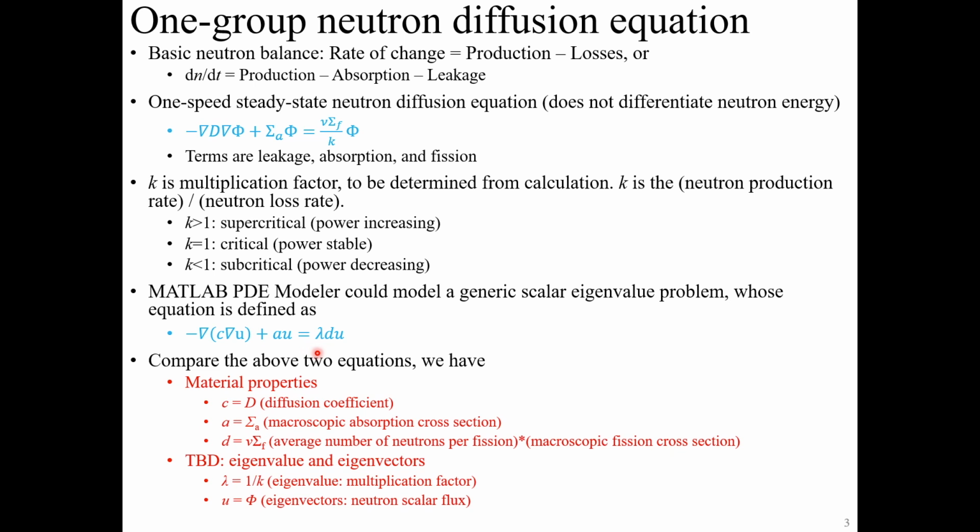We can see that the unknown U is just the phi, that is the neutron flux, and the C is just the D, which is our diffusion coefficient, and the A is the macroscopic absorption cross-section, sigma A, and the D is mu sigma F. The lambda is called the eigenvalue, and comparing these two equations, we can see that the lambda is equal to 1 over K. Therefore, we just mapped our neutron diffusion equation to the MATLAB equation.